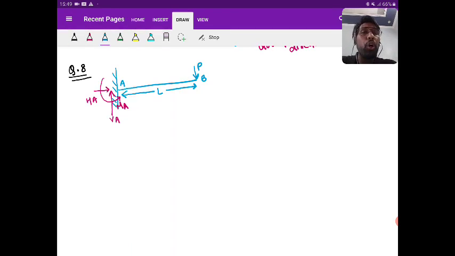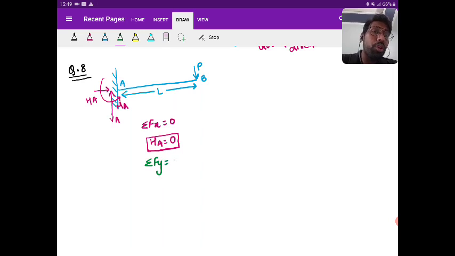The first equation I'm going to use is summation Fx equal to 0, and from here I'm just writing HA is equal to 0. I'm not using any sign, you have already understood. Next, summation Fy is equal to 0.